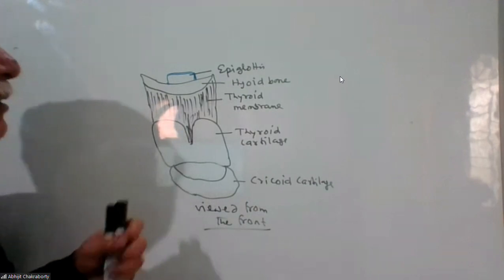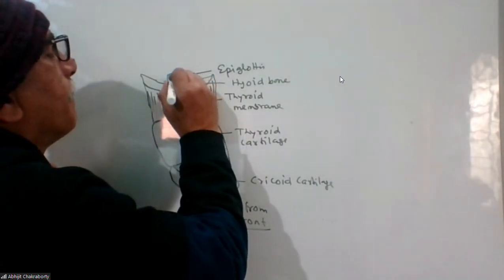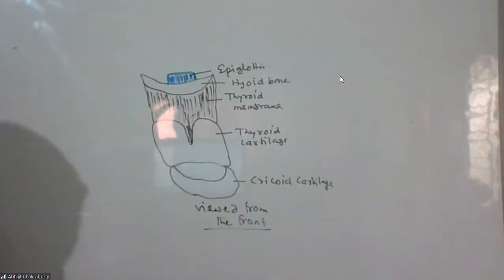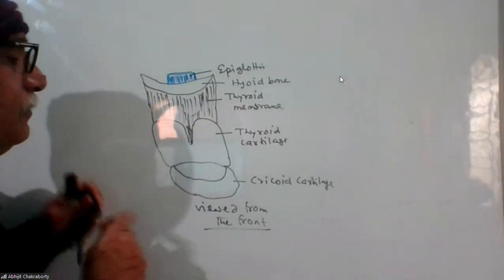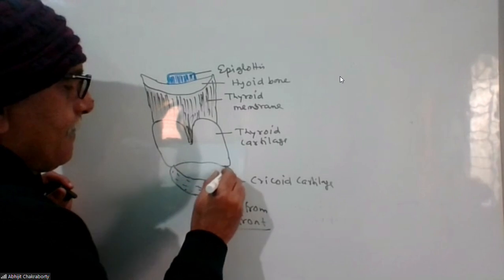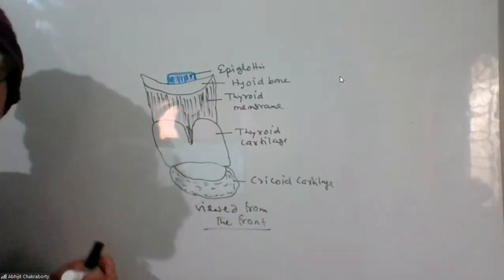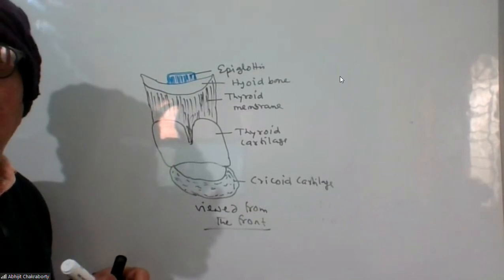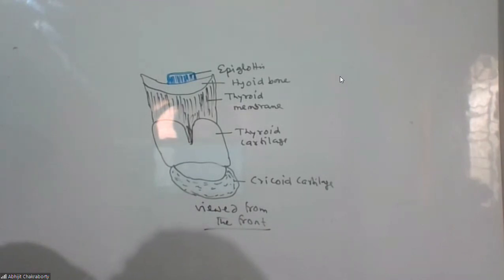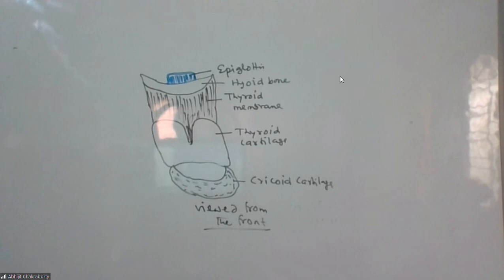In the front view you will get the epiglottis, and then you will get the thyroid and cricoid. Only these are shown. This is the cricoid. Sir, which part is glottis? Here glottis is not shown. You need to go to another diagram to see the glottis.